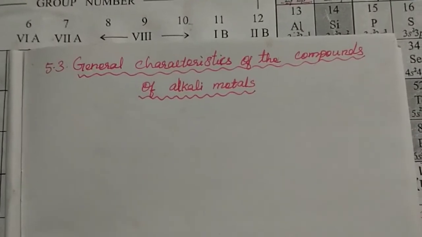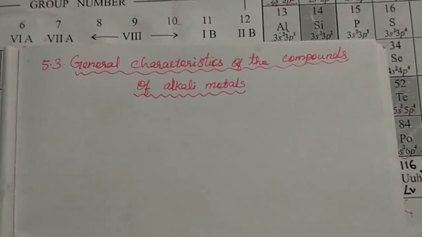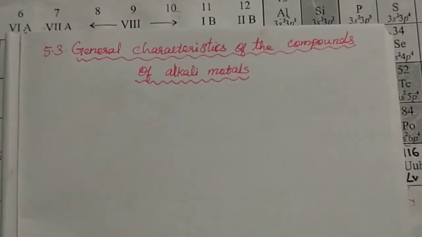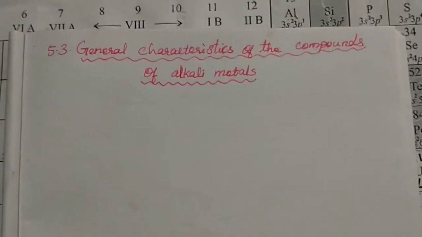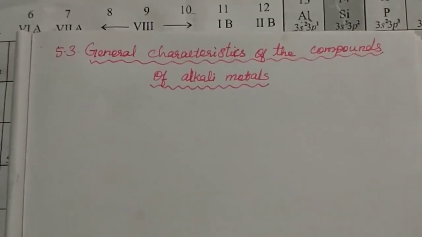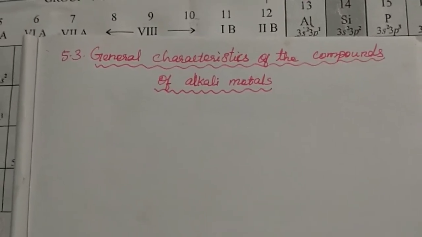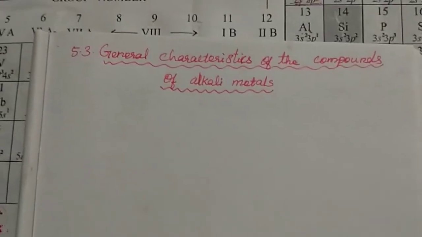Today's class we will discuss general characteristics of the compounds of alkali metals. Generally, alkali metals are ionic in nature. They can form compounds with other elements like oxygen and combine with carbonate, phosphate, sulfate.